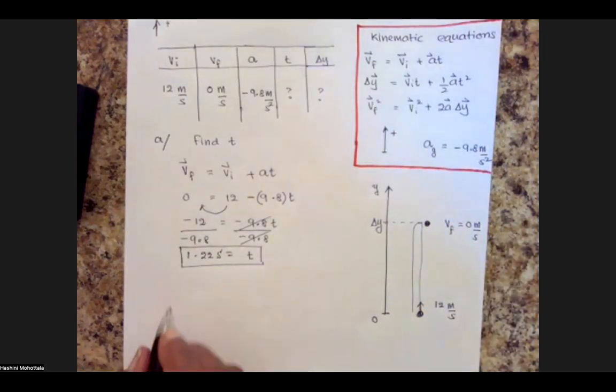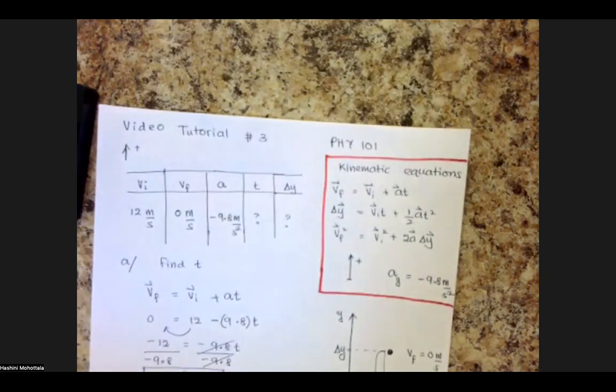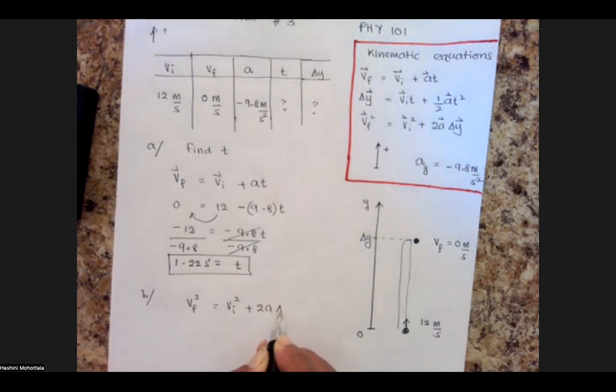To find delta y, again, you can choose one equation from the equation sheet. There you have two equations in this case: the second equation and the third equation. I am going to use the third equation, where V final squared equals V initial squared plus 2a delta y.